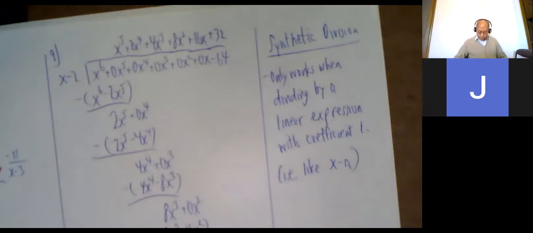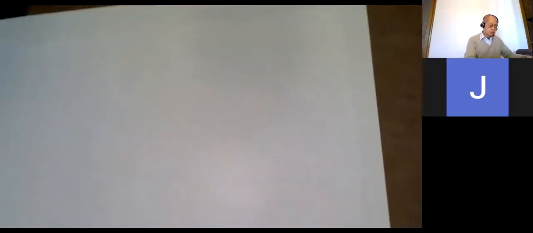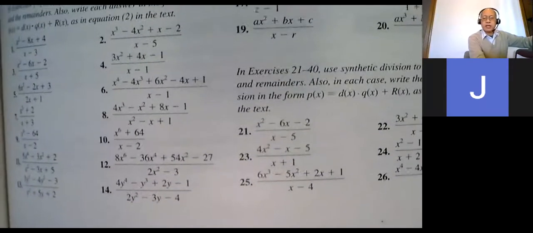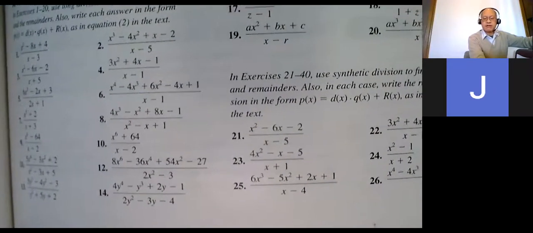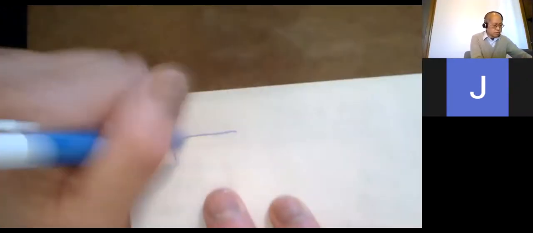All right, so by way of introduction, let me do one by long division and then show you the synthetic division. So 21, synthetic division. X squared minus 6x minus 2 divided by x minus 5. So first I'm going to do it the way that we're used to.